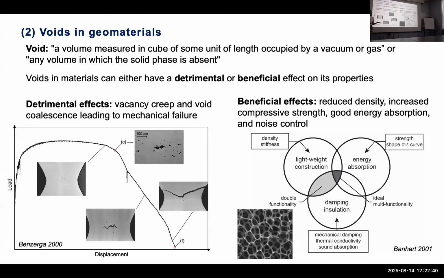However, we can also intentionally introduce voids into different materials to enhance their properties or introduce wanted properties. For example, the presence of voids will greatly reduce the density of a material. We can also increase the compressive strength of materials. And there's also a whole bunch of other properties that can be enhanced by introducing voids.